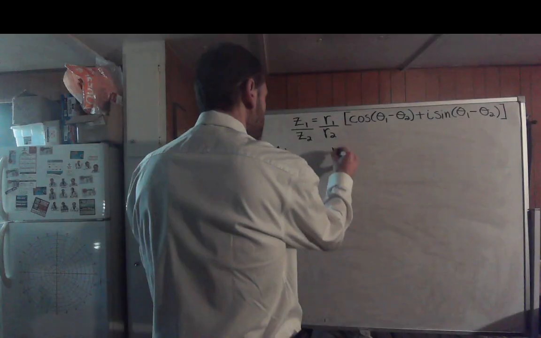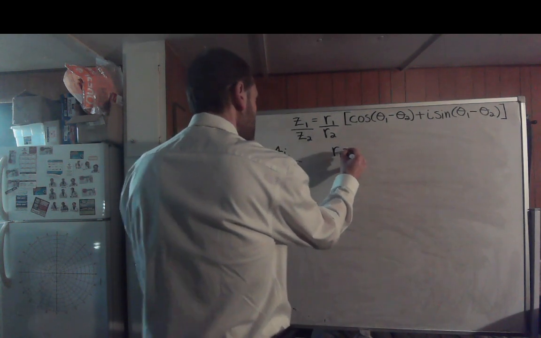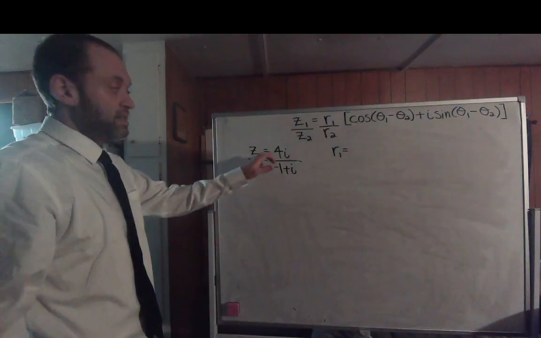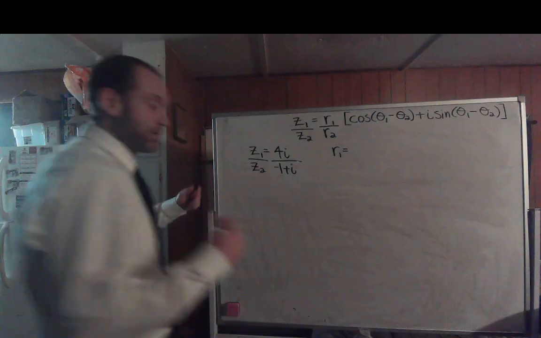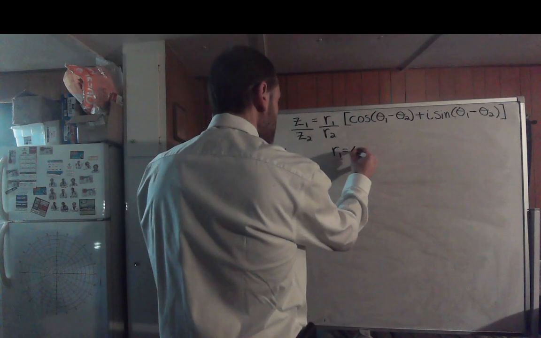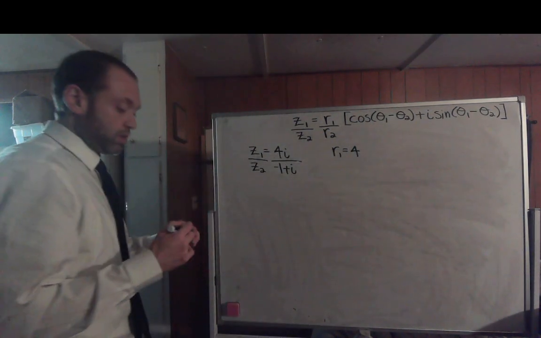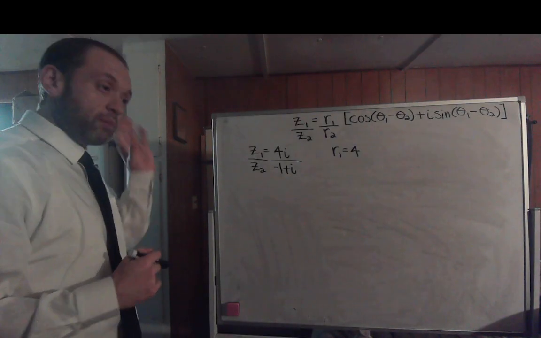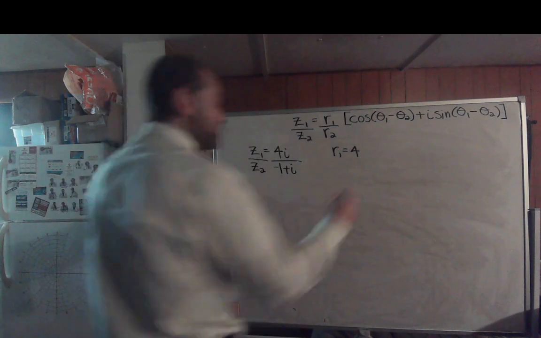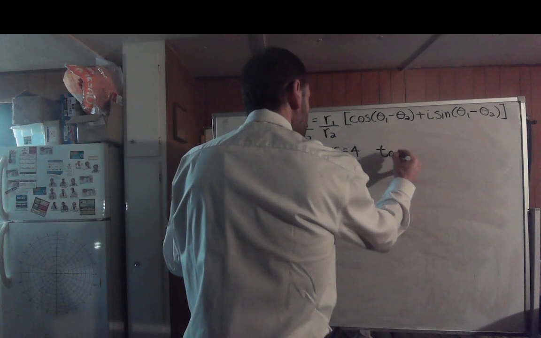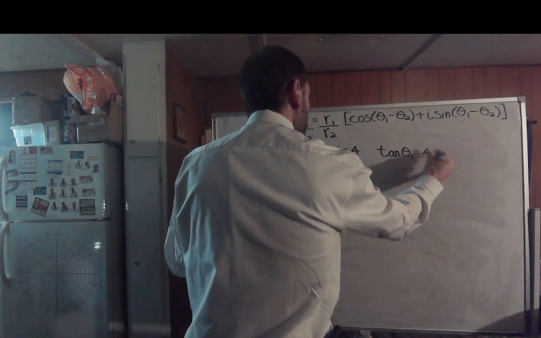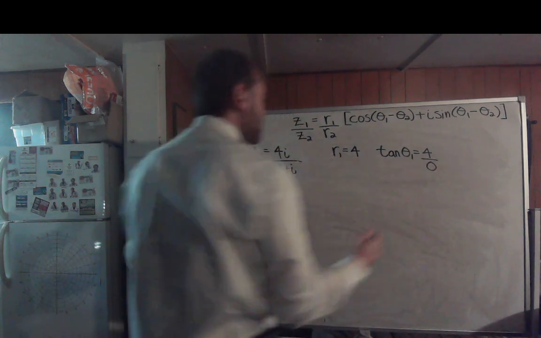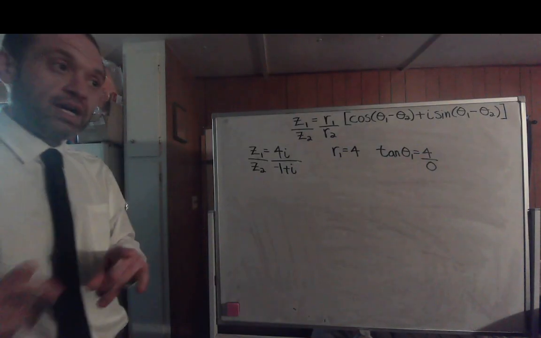Well, r sub 1, we only have a b because this is really 0 plus 4i, so the square root of 4 squared is simply 4, so your r1 is 4. Now what about theta sub 1? So that means the tangent of theta sub 1 is going to equal 4 divided by 0, which yes is undefined.